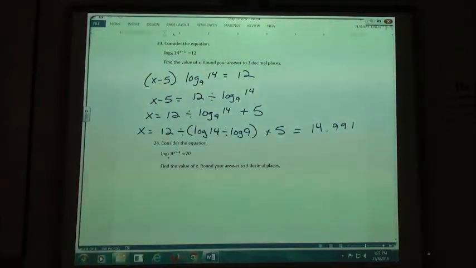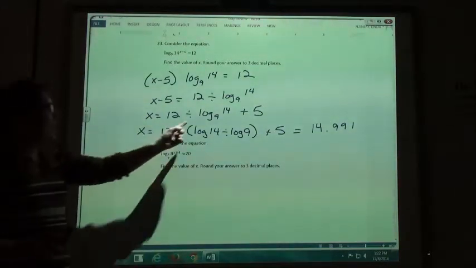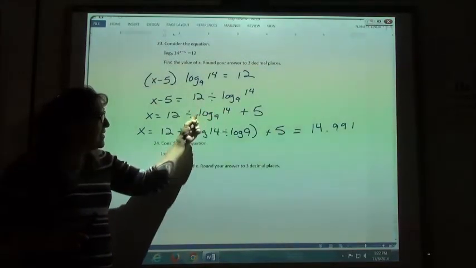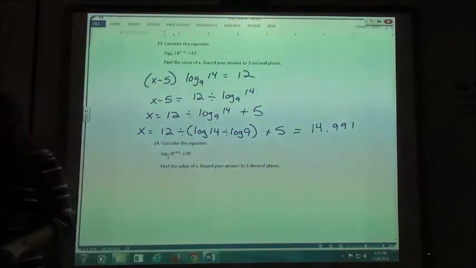Punch it in again. I think you did that backwards again. You're going to do the log of 8 divided by the log of 1/9. No, you divide. So when I have my logarithm, log base 9 of 14, we took the log of 14 divided by the log of 9.